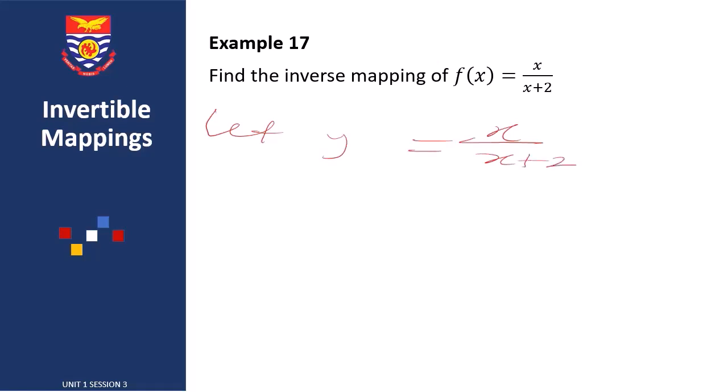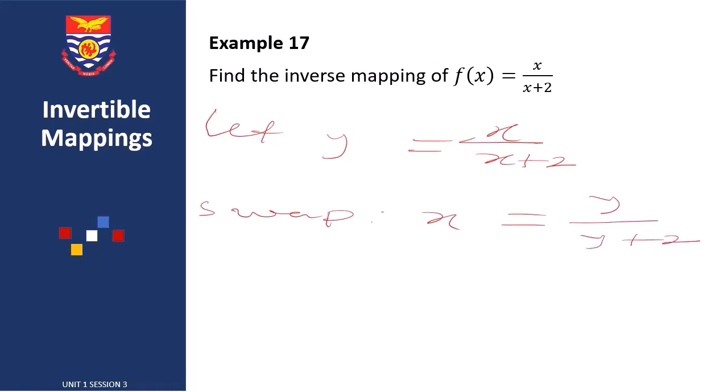That's the first step. Then the second step says swap the letters. How do you swap? We interchange the values. So I can say that x equals y all divided by y plus 2.